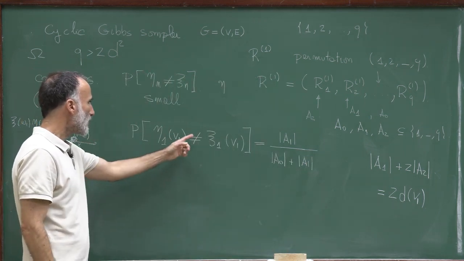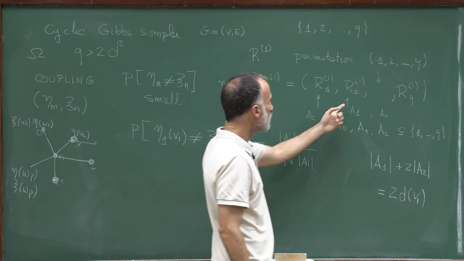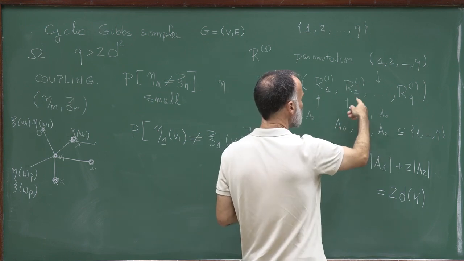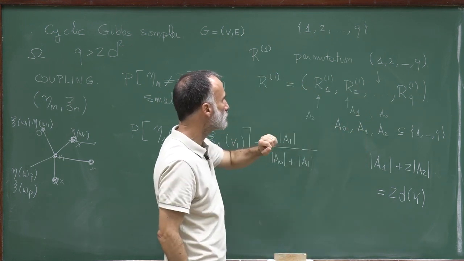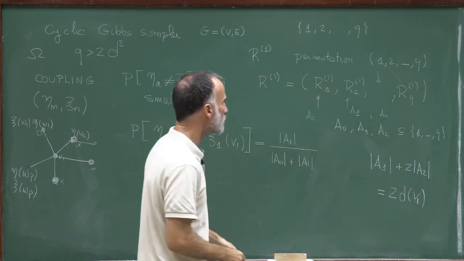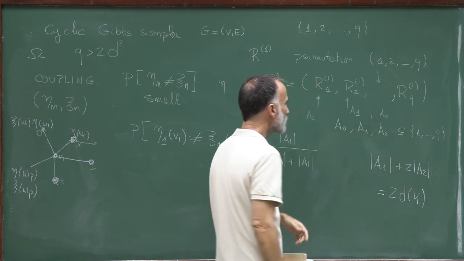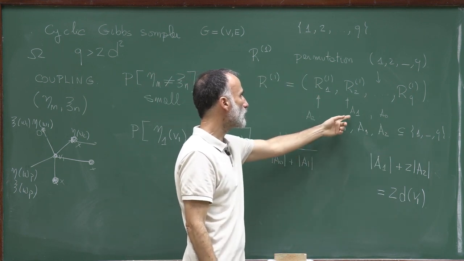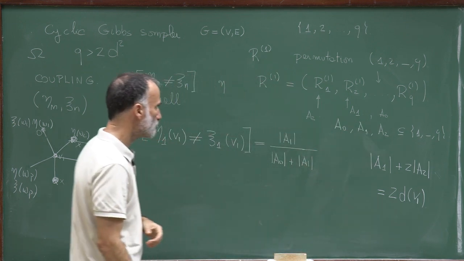So my coupling will fail, I will have a failure if the first color which appears in my permutation belongs to A1, ignoring A2. So I remove all colors which are used by both, so all colors in A2. I keep only the colors in A1 and A0. If the first color belongs to A1, it's a failure, but if it belongs to A0, it's a success.